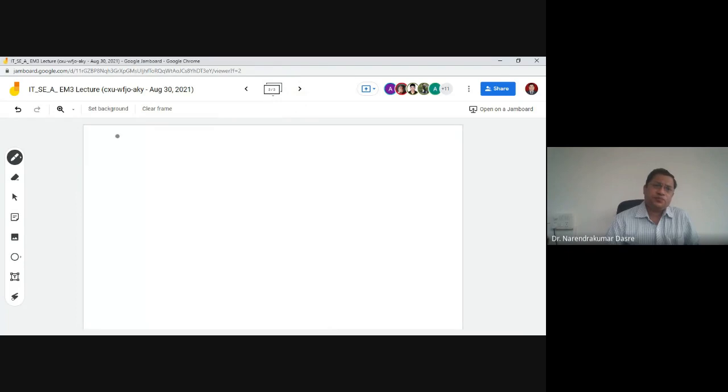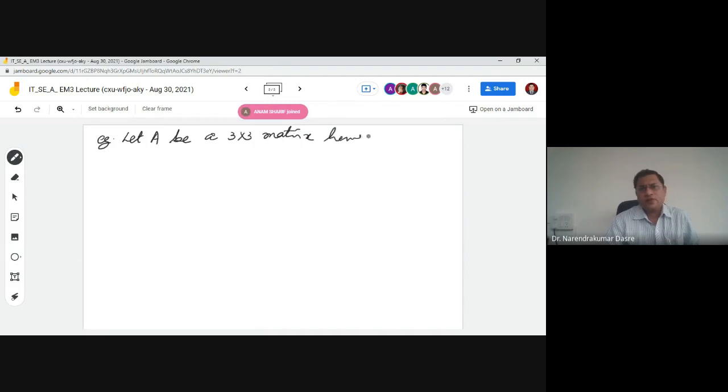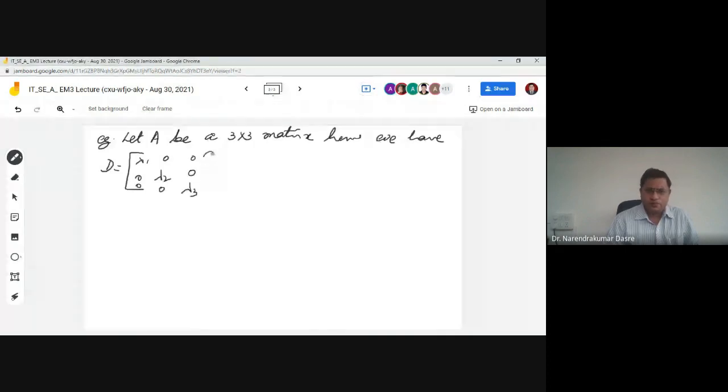So for example, let A be a 3 by 3 matrix. Hence, we have D equal to lambda 1 0 0, 0 lambda 2 0, 0 0 lambda 3, and M is equal to, column-wise, x1, x2 and x3.